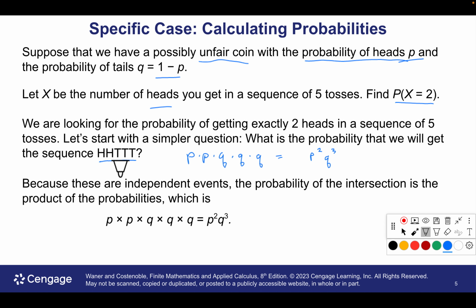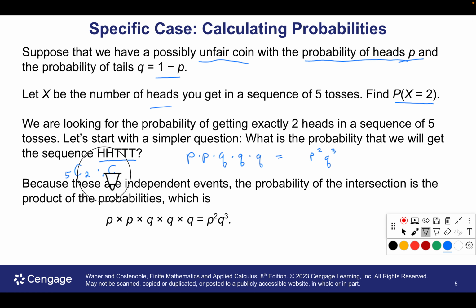Well, this one, we want to get 2 H's, right? It's got 2 H's and 3 T's. So the way we count the 2 H's, there are 5 trials, and we want 2 of those to be H's, and they can go anywhere, right? Now, there's also one more factor we would multiply for the 3 tails, but that's always going to be 1 because there's only 3 left, and we want 3. So it doesn't show up in the formula for that reason.